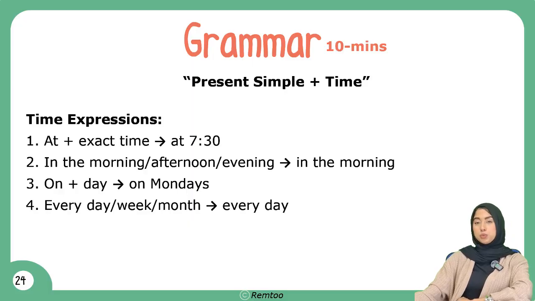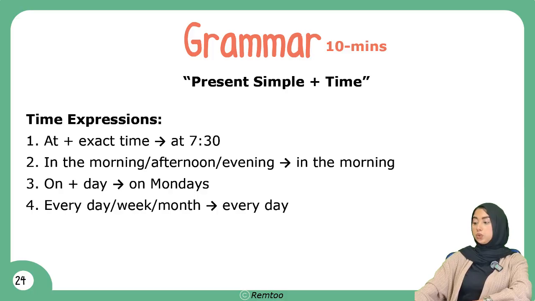And let's speak more about the time expressions. Here we have at. We use at plus an exact, specific time. So at 7:30, this is a specific time. Then in the morning, afternoon, evening, we use in before them. So for example, I take a shower in the morning, in the afternoon, or in the evening.